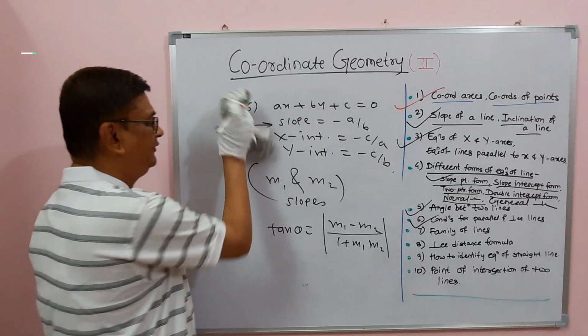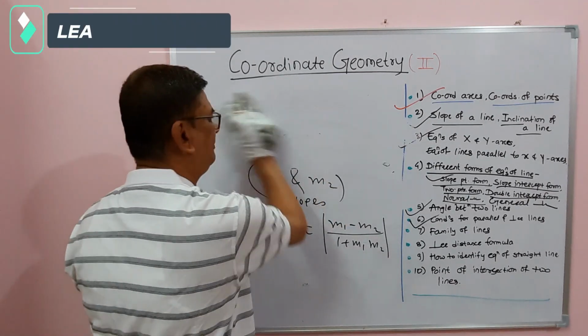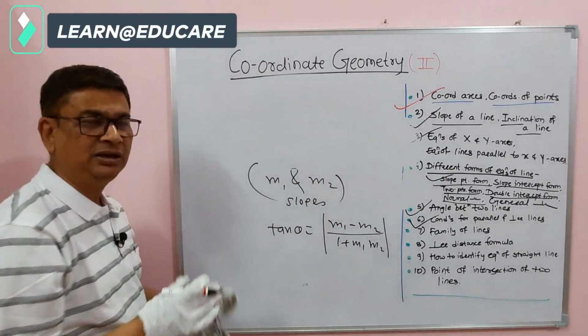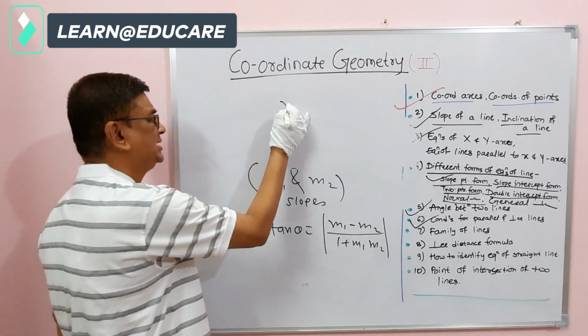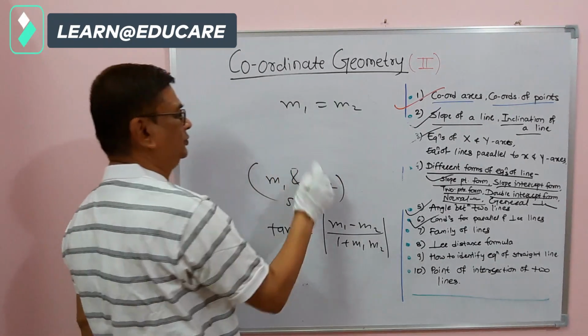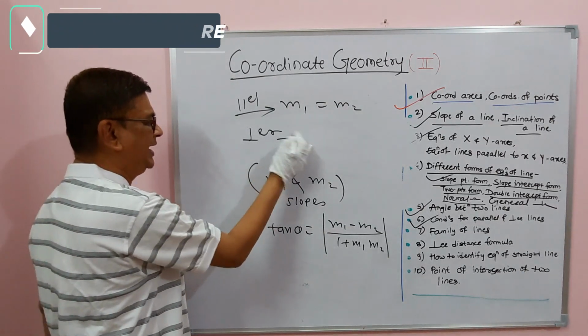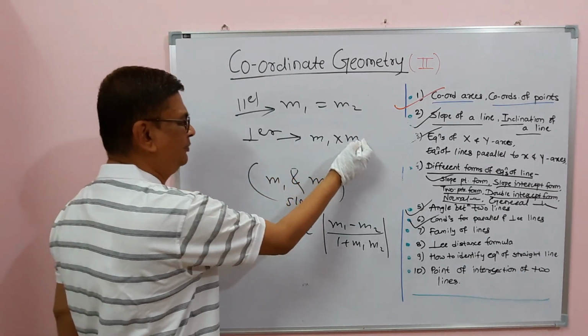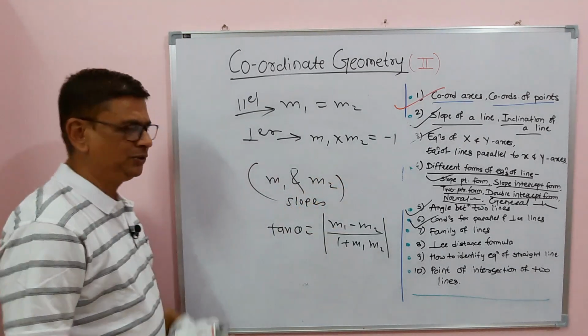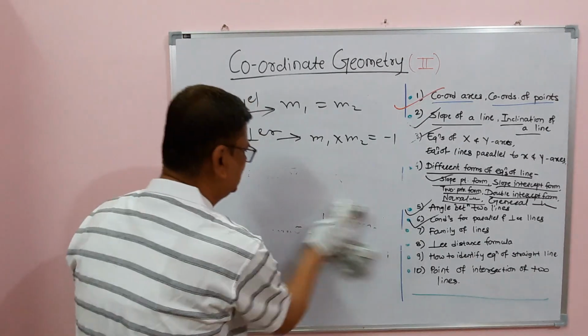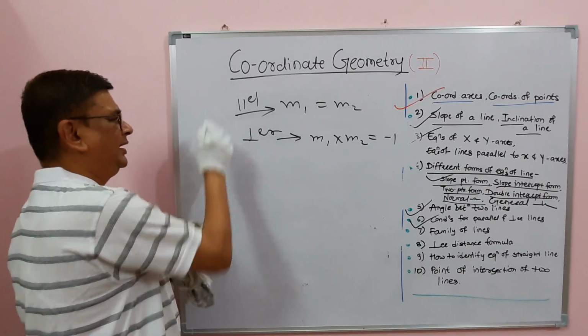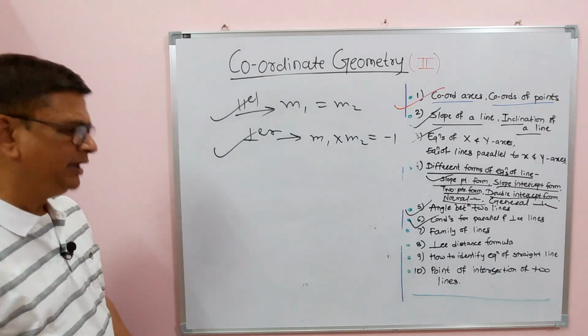If two lines having slopes m1 and m2 are parallel, then their slopes are equal, means m1 equal to m2. This is for parallel lines. And then for perpendicular lines, the product of slopes m1 into m2 is equal to minus 1. So that is the conditions for parallel and for perpendicular lines.